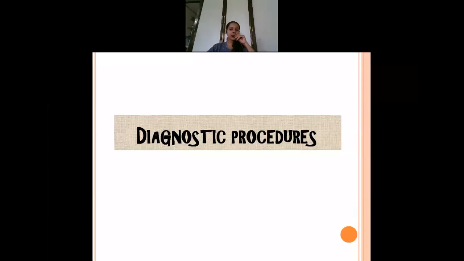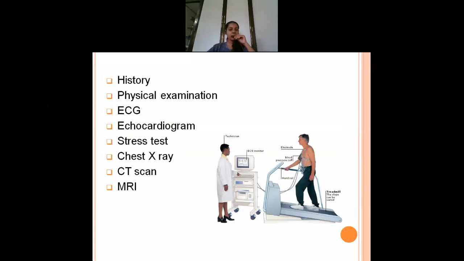Next is diagnostic procedures. How to diagnose coronary atherosclerosis. Now, coronary atherosclerosis is nothing but a plaque deposition, isn't it? Atheroma deposition. So, to diagnose that, most of the time we will perform an echocardiogram. Okay, echocardiogram is an ultrasound of the heart, isn't it? Or it helps to record the mechanical activity of the heart. Already I have explained in detail about echocardiogram.